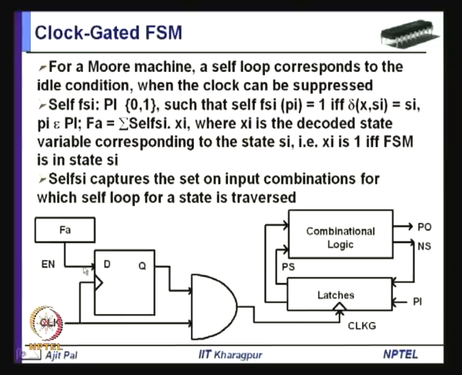So, it is enabled only when the machine is not in the self loop case, that means the clock is allowed to be applied. On the other hand, when the machine is in the idle state and a self loop condition is identified, then the clock is disabled. So, this is the basic idea behind this clock gated finite state machine.